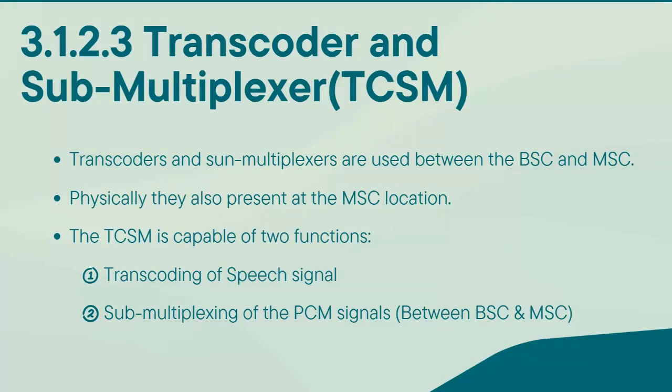A transcoder is a device or a software application that converts one media format to another. For example, it can convert an audio file from one codec to another, or a digital audio stream from one compression format to another. So the second function of TCSM is submultiplexing of the PCM signal.